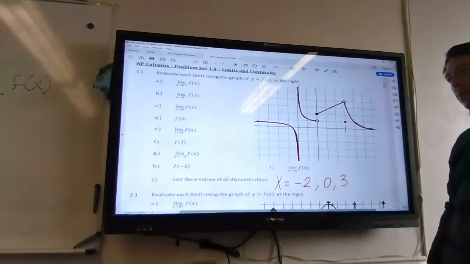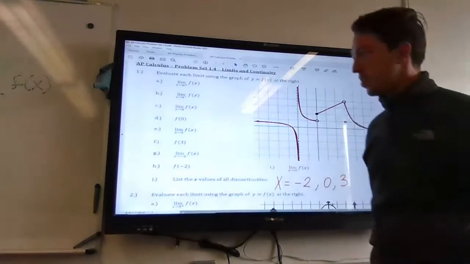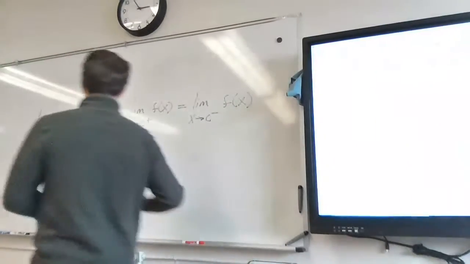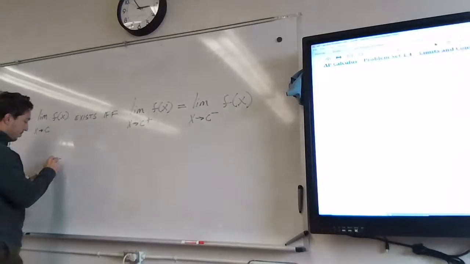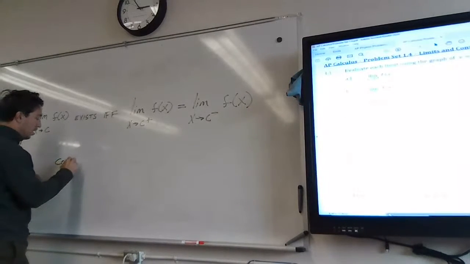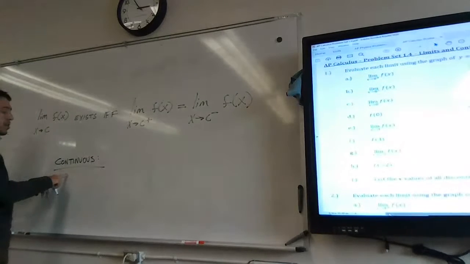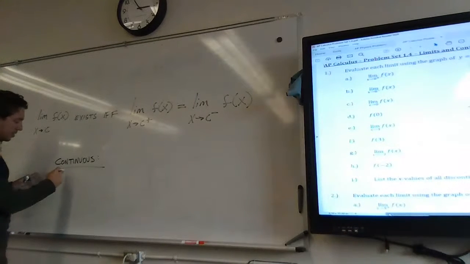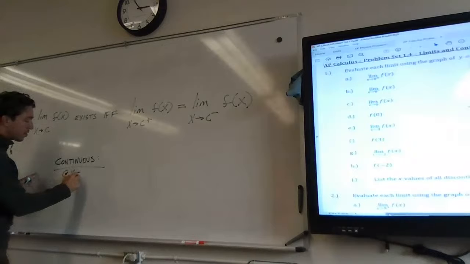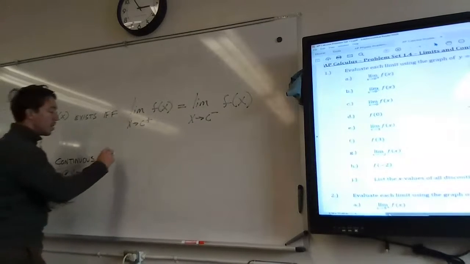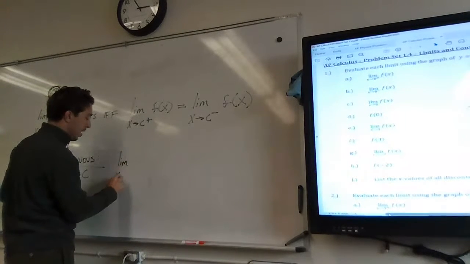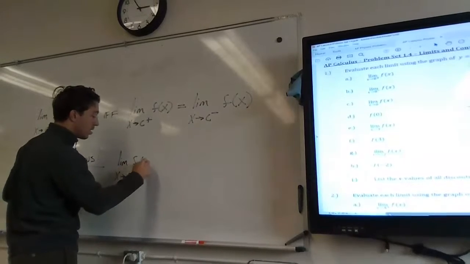Okay. So, in fact, let's put up, just for now, we'll come back to it later. To be continuous, let's say at some x value, x is some value c, the limit has to exist.